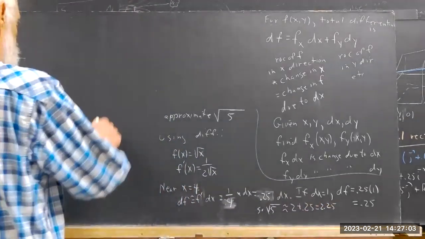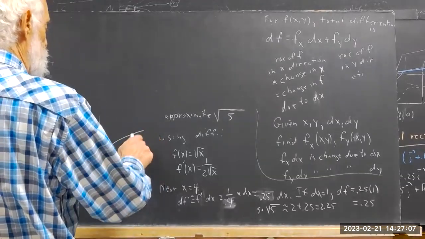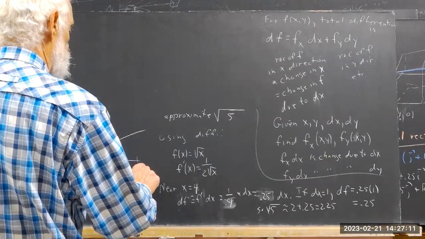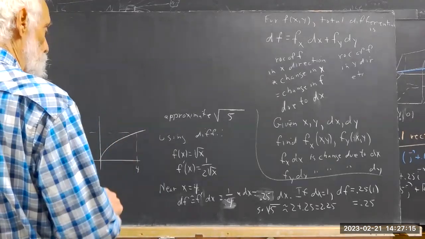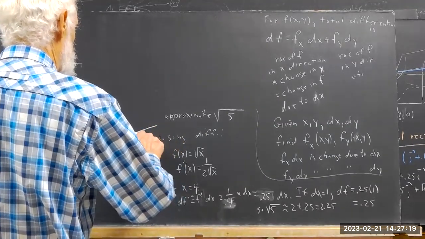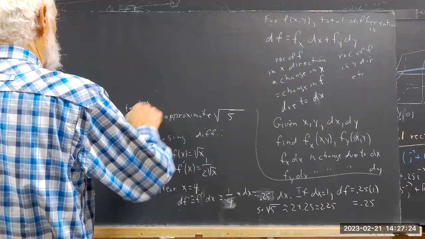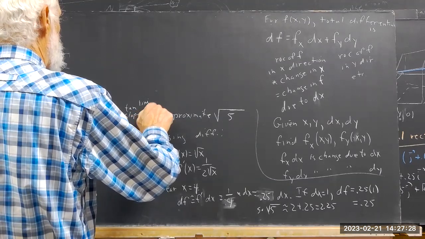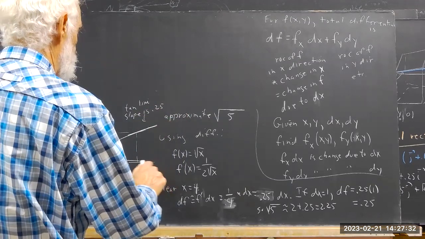If I put this in the picture, here's your square root function. And let's say here's where x equals 4, y equals 2. The slope of the tangent line is 0.25.